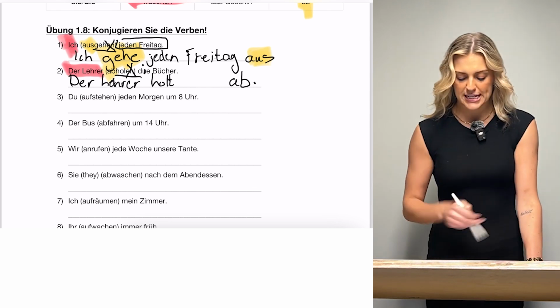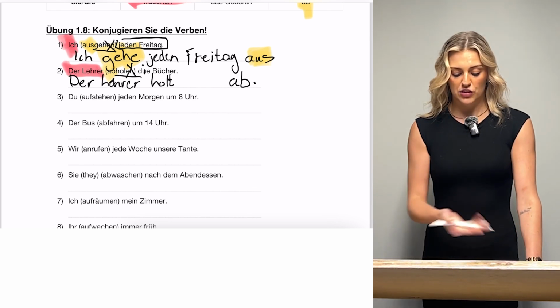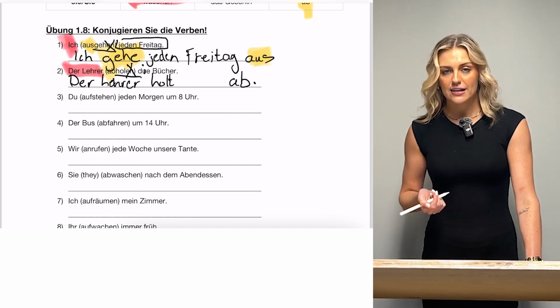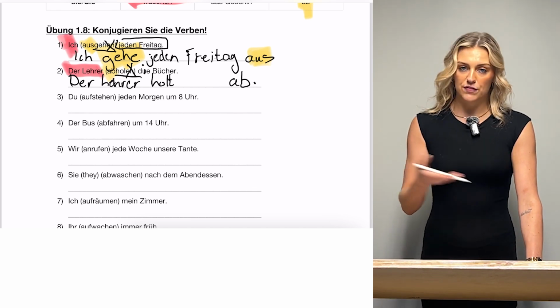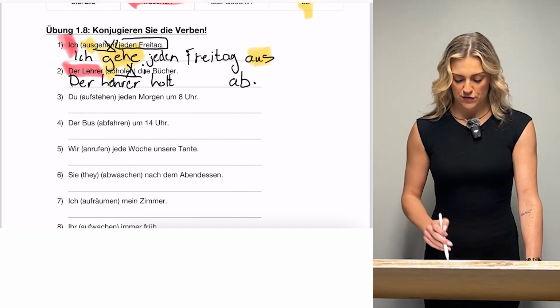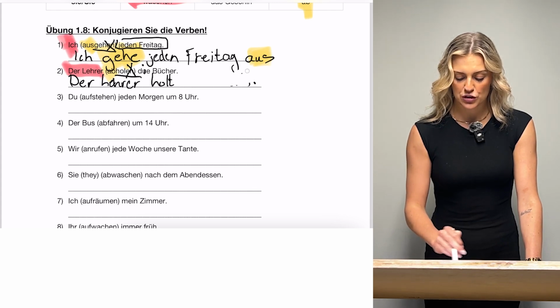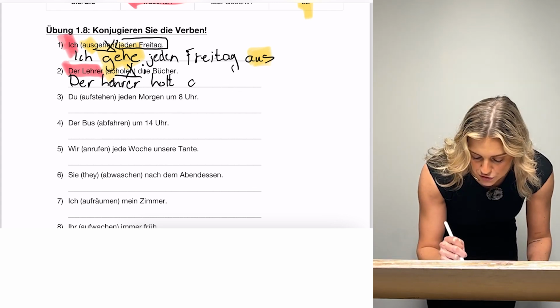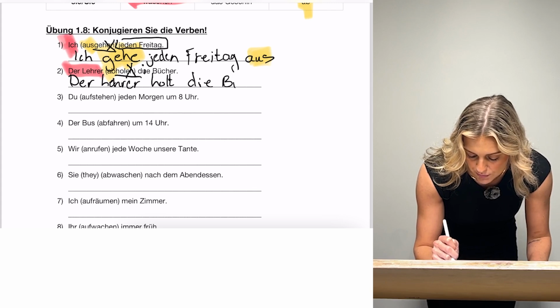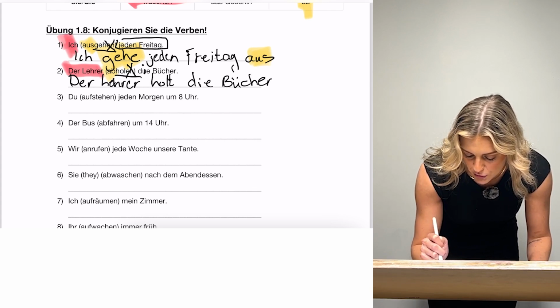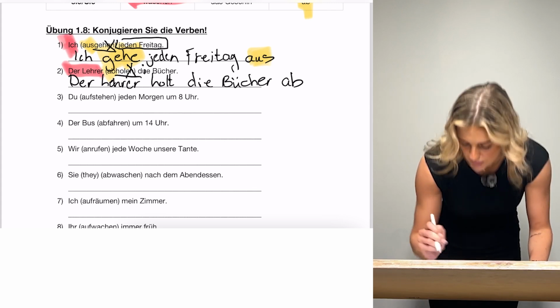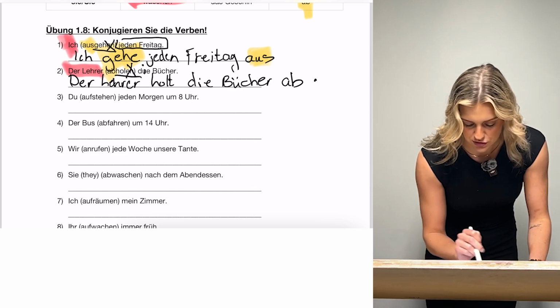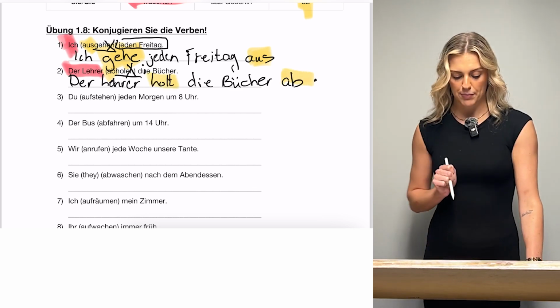Okay, so take off my en, add on my ending. Der Lehrer holt ab, the teacher collects. I could leave it at that, but I have some more information here. I have die Bücher, he's collecting the books. So I add in then die Bücher between my verb and my prefix. So I end up with der Lehrer holt die Bücher ab. Good.